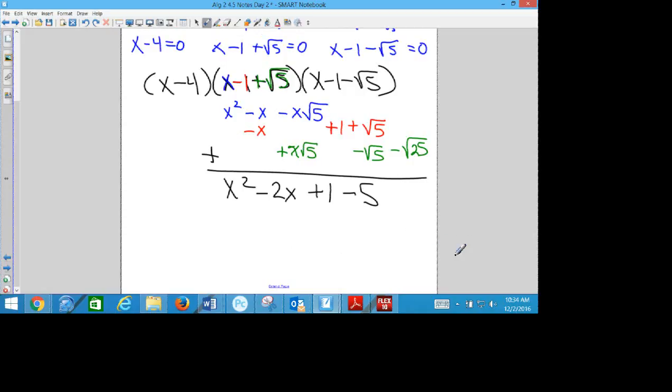So if you are following along and you're doing your work correctly, it should match my work at this moment. Just square root 5.